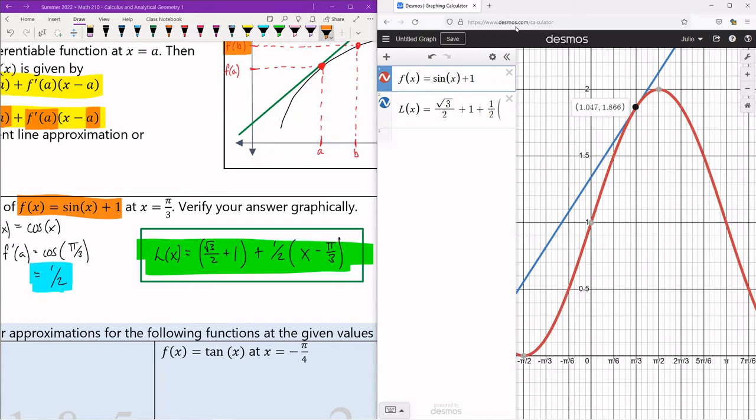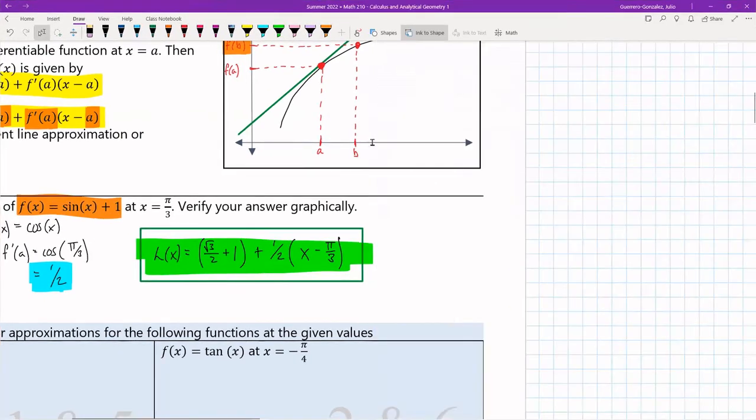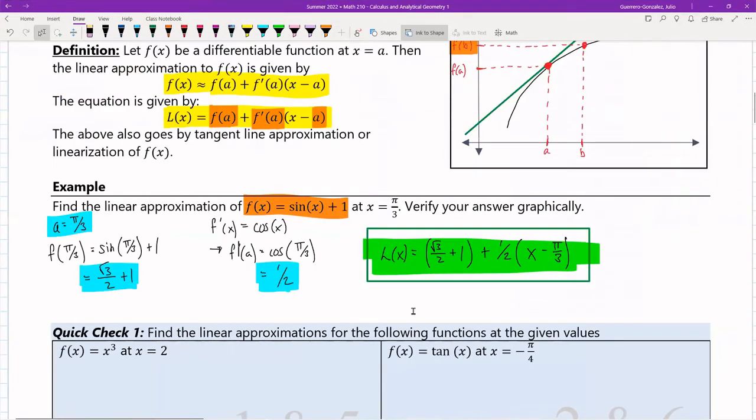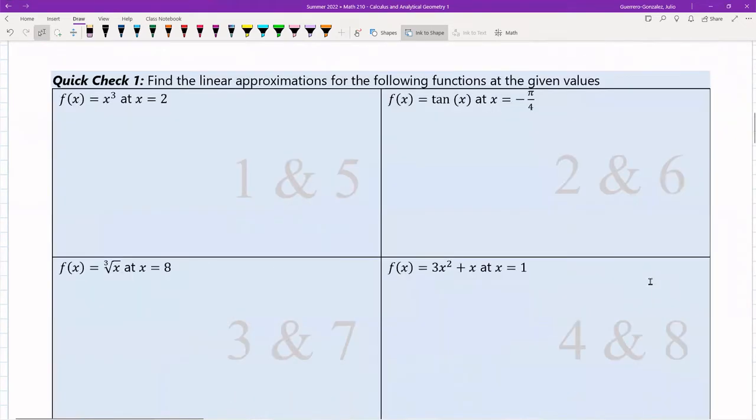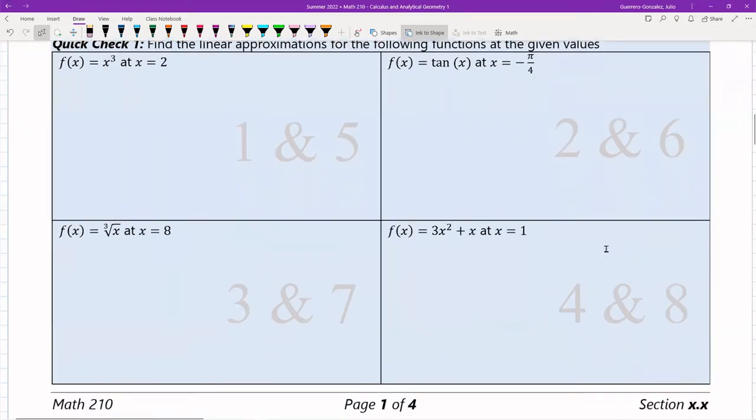Okay. So what comes up next after this is some quick checks. Same process as the example here. Make sure to do the one that you're assigned, and I'll be checking these and putting them up in the notes very shortly.